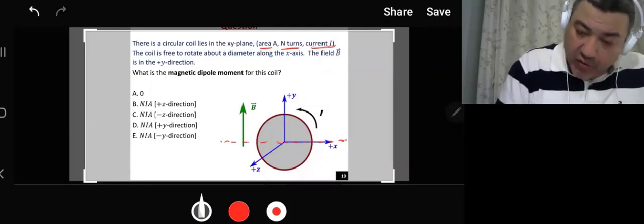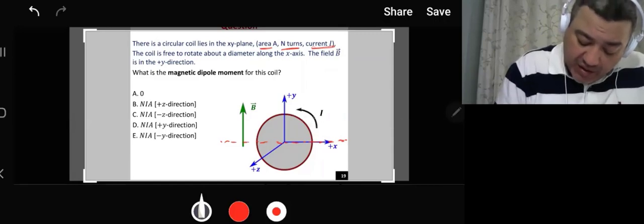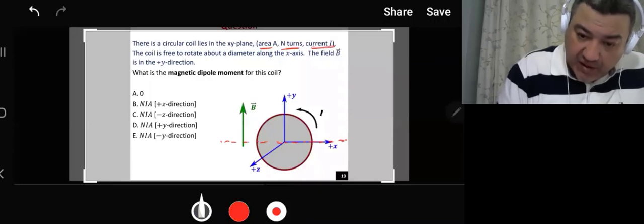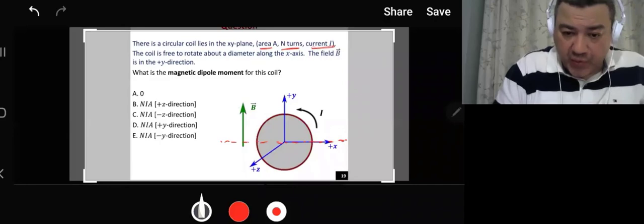We have the current going, as you see here, counterclockwise in this loop. We have the magnetic field pointing upward.